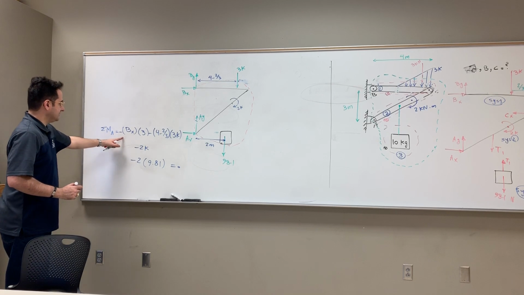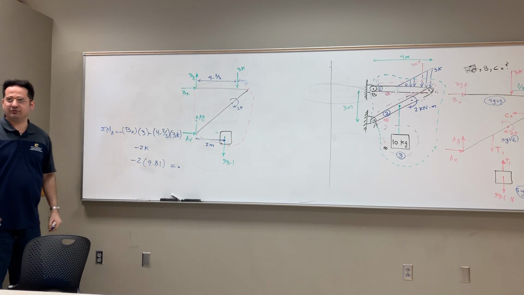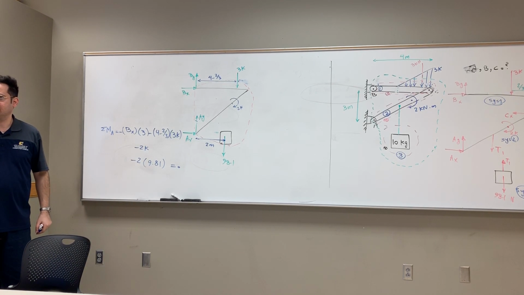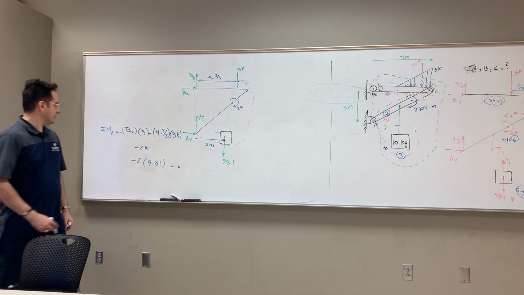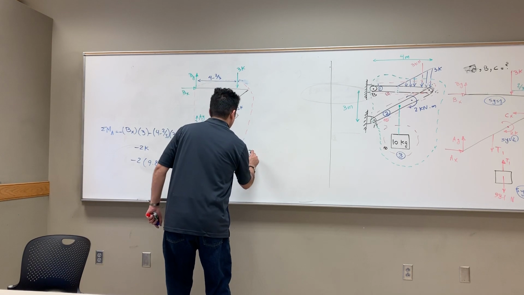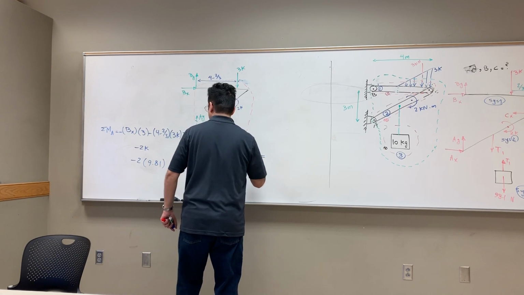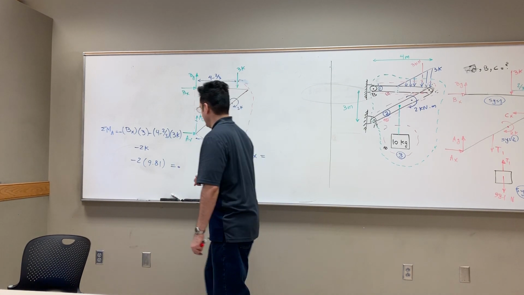So in this equation, how many unknowns do we have? 1. One equation, 1 unknown. So Bx is equal to? It should be 98.1.